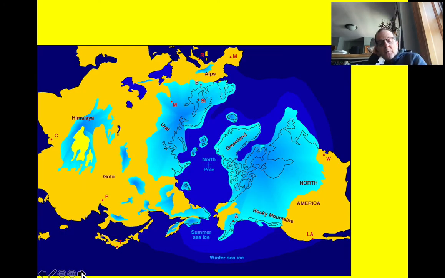I thought this would be just worthwhile to look at. This is the last glaciation, the Wisconsin, and it shows the ice sheet that spreads from Greenland over all of Canada down into what's now the United States and into Europe, Russia, and the Himalayas as the Earth cools.